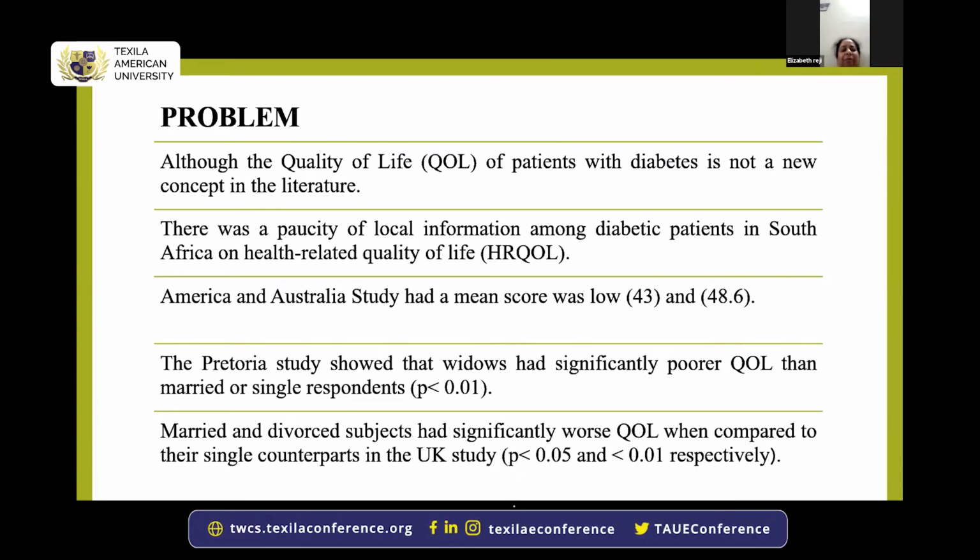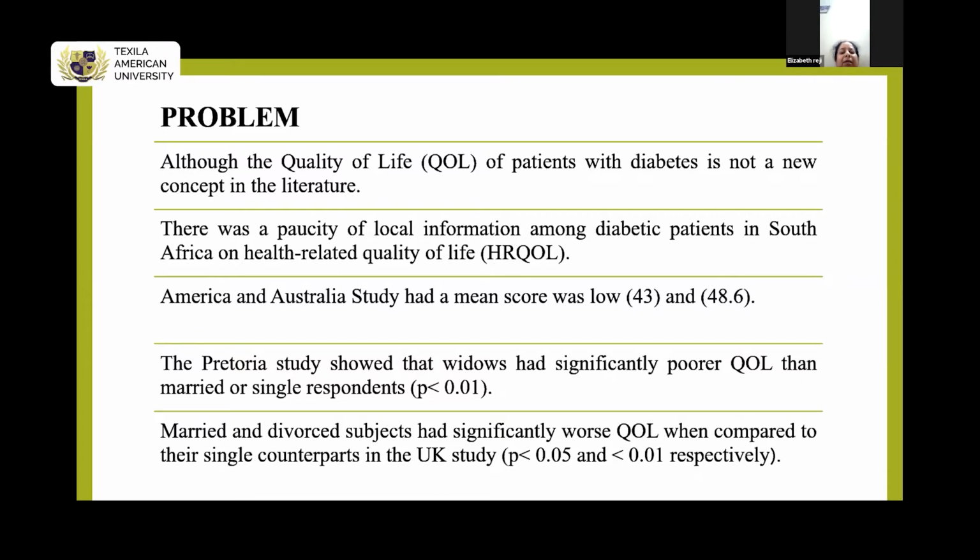In South Africa, a study done in Pretoria has shown that widows have significantly poorer quality of life than married or single respondents, with a p-value less than 0.01. The married and divorced subjects have significantly worse quality of life compared to their single counterparts. That was also shown in the UK.